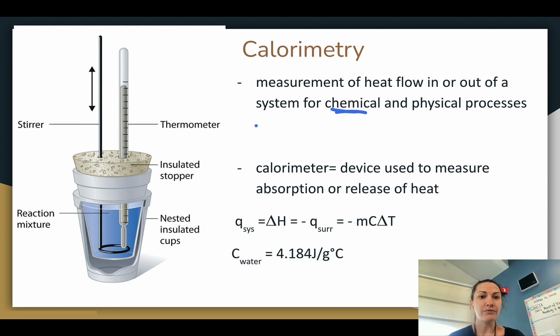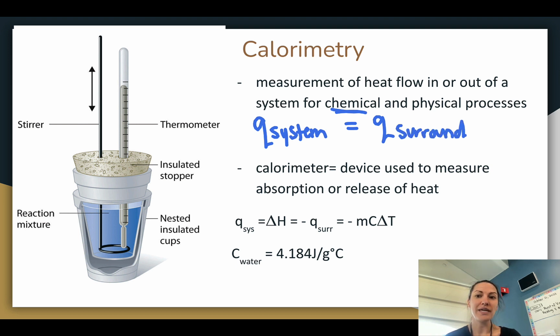The key for this is that the heat that's released by the system will be equal to the heat absorbed by the surroundings. So what we can do is set one of these equal to the other. If the system is gaining energy, the surroundings would be losing energy. So we use a negative sign to show gain and loss with our calculations.